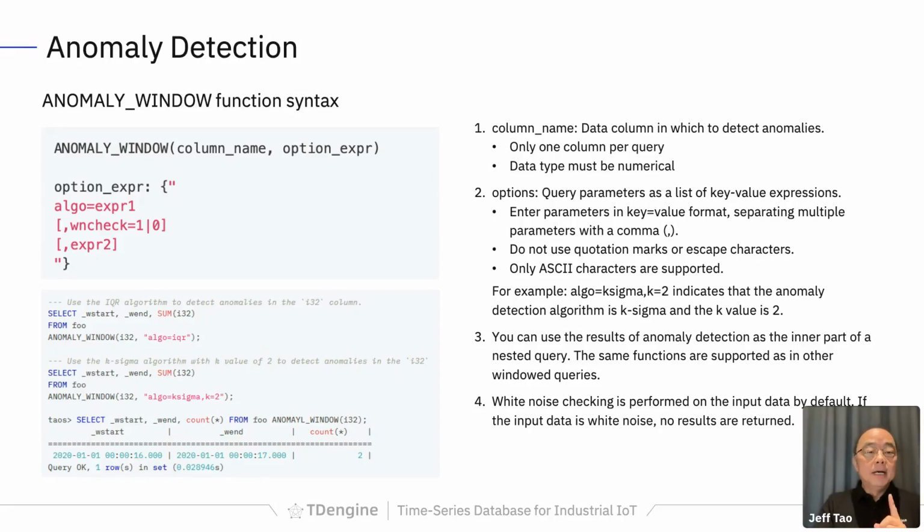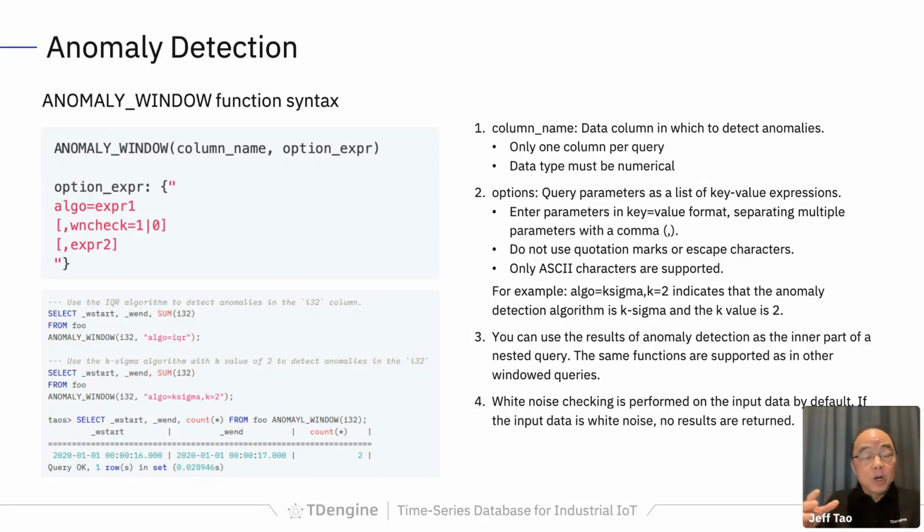For the options, of course, the first one is algorithm. We provide so many algorithms, and you need to pick one. Then how easy: you just select wstart, the starting time for the anomaly window, and wend, the end time for your anomaly window.